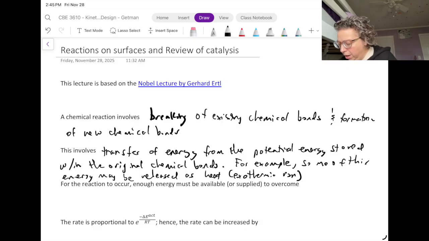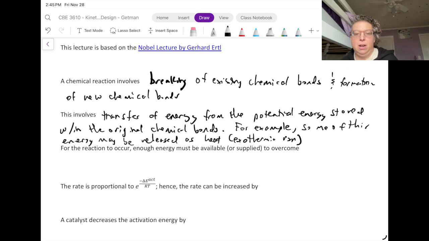We also know that for the reaction to occur, there must be enough energy available or supplied to overcome the activation energy.